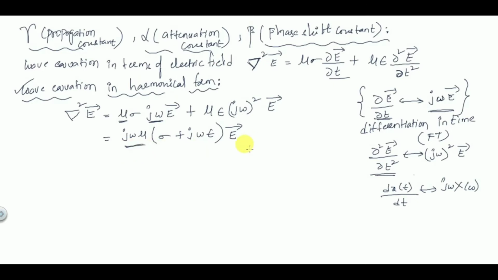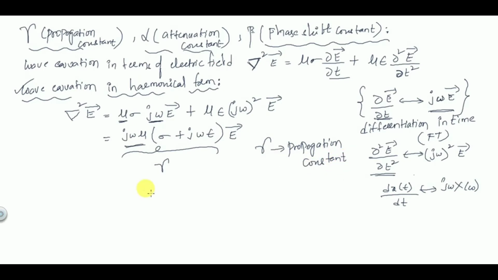So you'll get it like this. This term is called gamma square, and gamma is called the propagation constant.